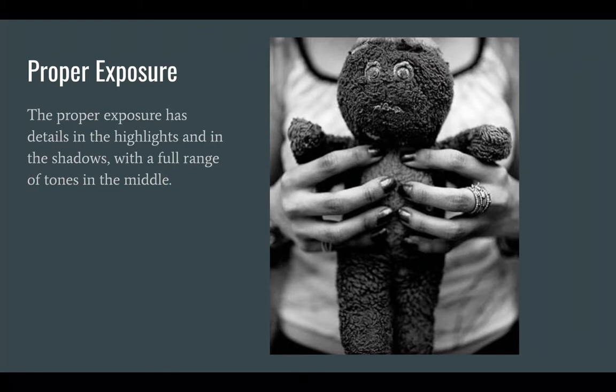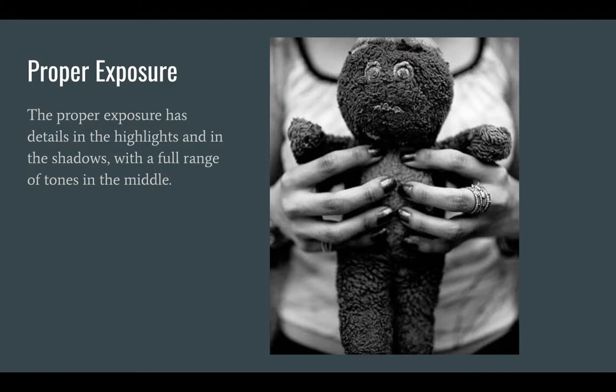And then the second question, what does the image need to have proper exposure? It needs to have details in the highlights and details in the shadows, with also a full range of tones in the middle. So again, we're able to see all those different shades of gray. We can see the whites. We can see the detail in the whites, that is. We can see the details in the shadows.